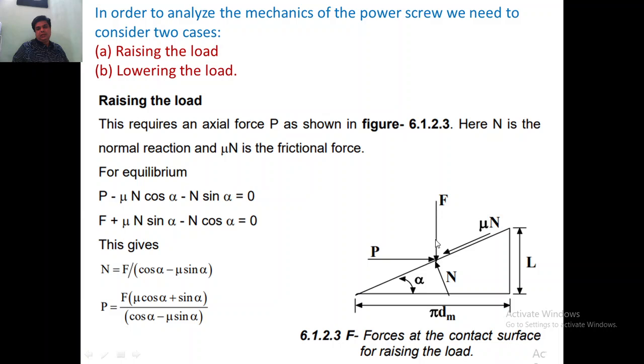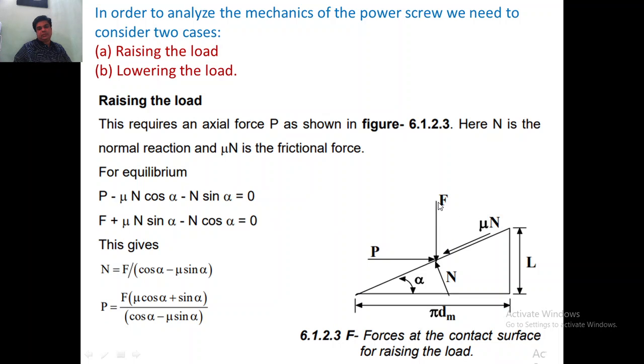Whenever you want to lift the load, so the load is moving upwards, the reaction force will be acting in this direction. Coming to the mechanics acting around this point, we add all the forces in the x-axis and y-axis for equilibrium of the system, and we get these equations.